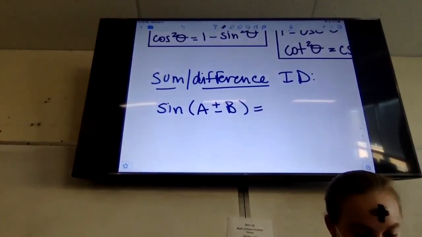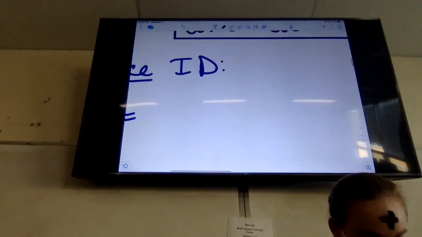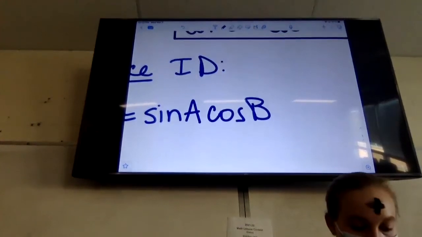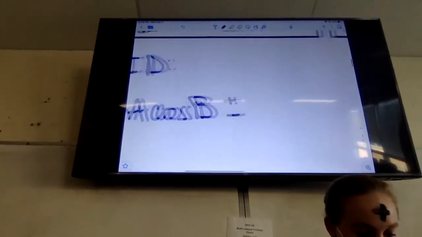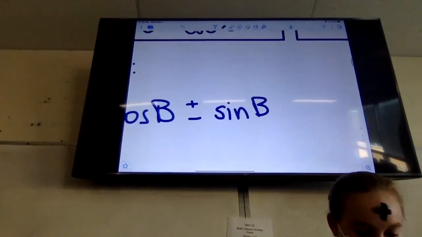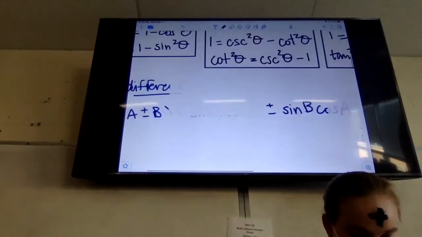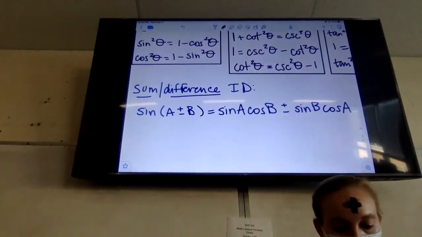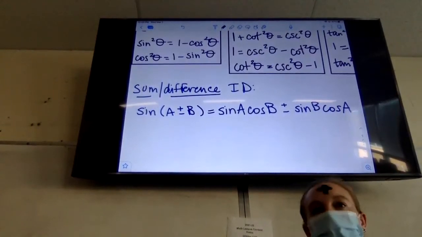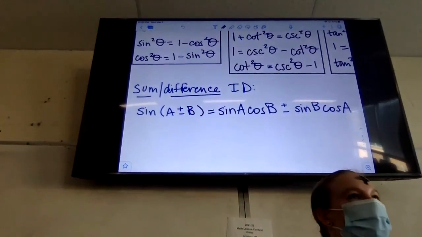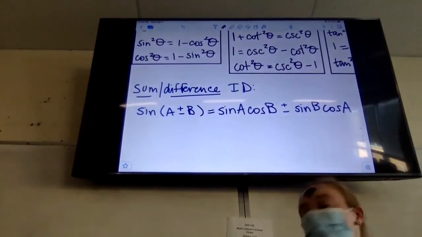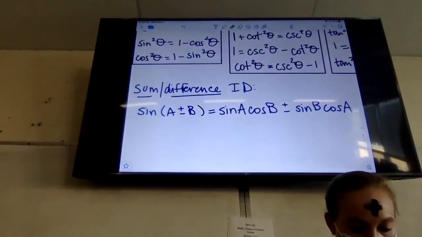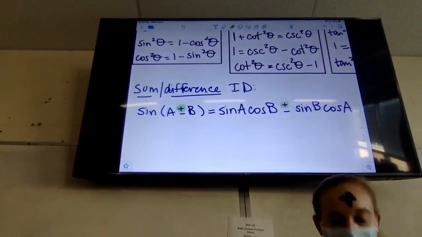That's going to be equal to sine of A times cosine of B, plus or minus sine of B times cosine of A. So sine of A plus or minus B is equal to sine of A times cosine of B plus or minus sine of B times cosine of A. The reason I have a plus or minus is that if I'm adding the 2 angles together, then I'm going to add in my formula.